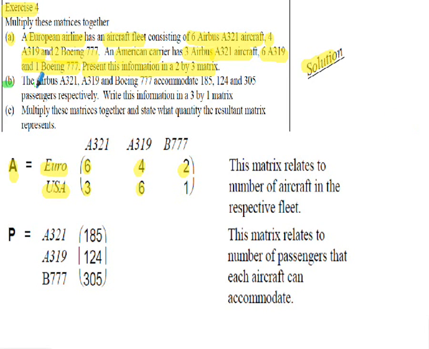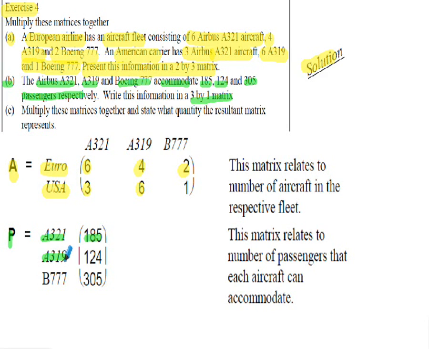Part B of the question informs us that the Airbus A321, A319 and Boeing 777 accommodate 185, 124 and 305 passengers respectively. We've got to write this information in a 3x1 matrix. So for the passenger capacity of the aircraft, I've called this matrix P. For the A321, 185 passengers.